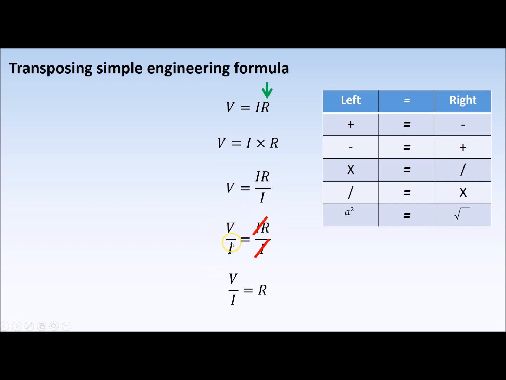You can cancel out these two, which leaves us with V divided by I equals R. I apologize, voltage divided by current equals our resistance. So if we had 12 divided by 2, that would give us our 6 ohms.